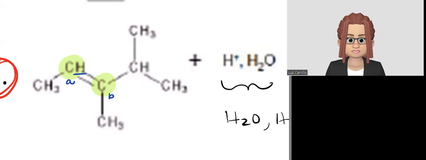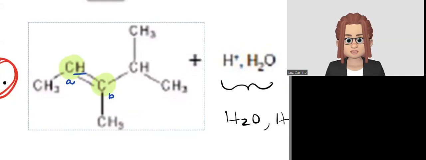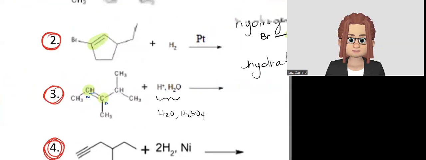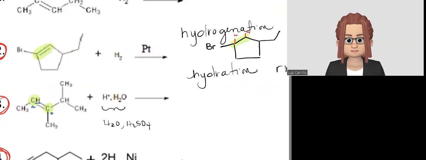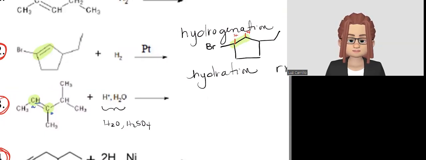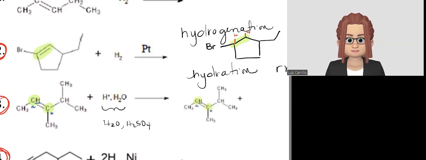So when I decide what the structure of the product of this reaction is going to be, I'm going to take my starting material and redraw it. Let me make some adjustments because of what copied. Overall, when I'm predicting the product of a hydration reaction, I'm going to erase the double bond.